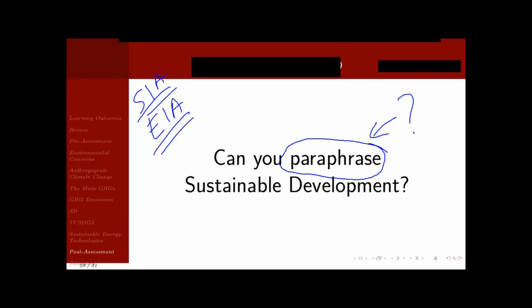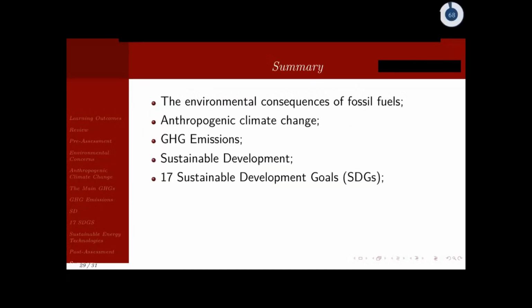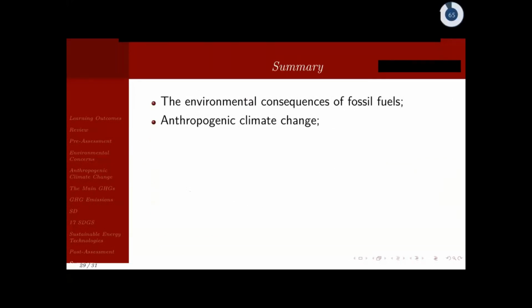Okay, so just to summarize what we went through today: we went through the environmental consequences of fossil fuel. Then we discussed anthropogenic climate change, followed by greenhouse gas emissions. You saw that the different greenhouse gases contribute in different ways.